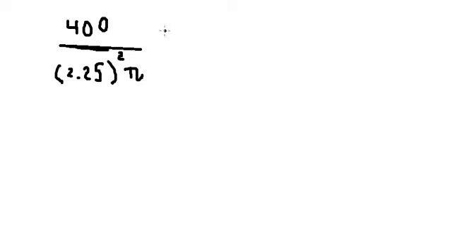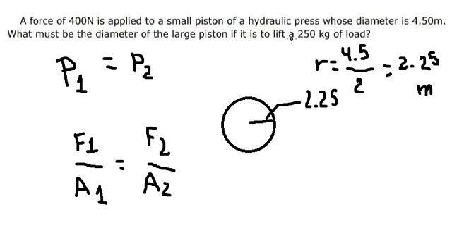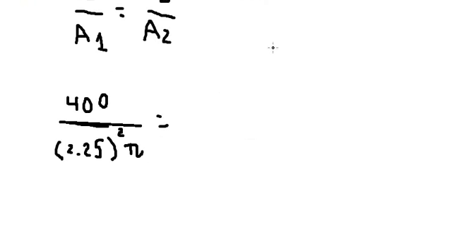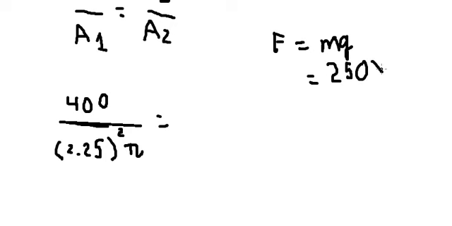Now the next one, the load, is 250 kilograms. So we have the formula in here: m is 250, g is 9.8, gravity.